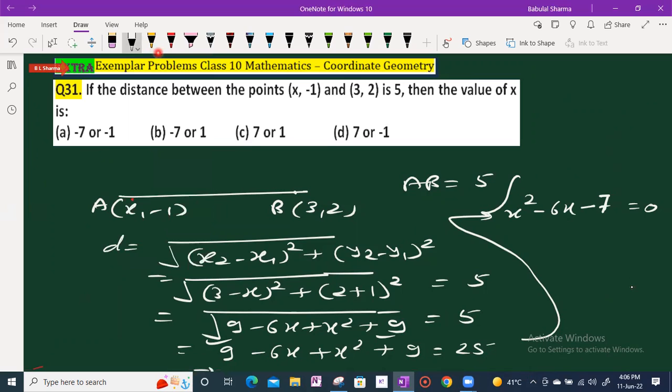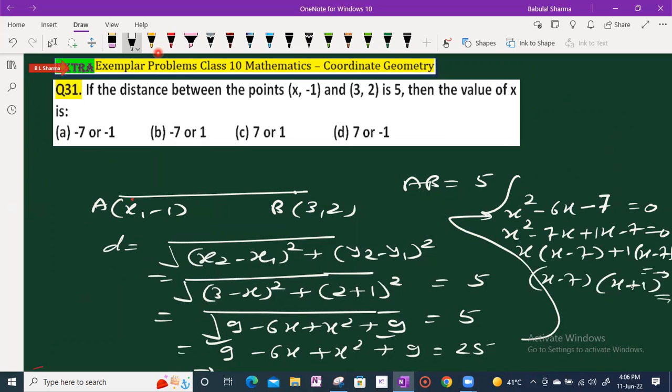Now factorize by splitting the middle term: x square minus 7x plus 1x minus 7 is equal to 0. So x minus 7 plus 1, x minus 7 is equal to 0. So x minus 7 into x plus 1 is equal to 0.